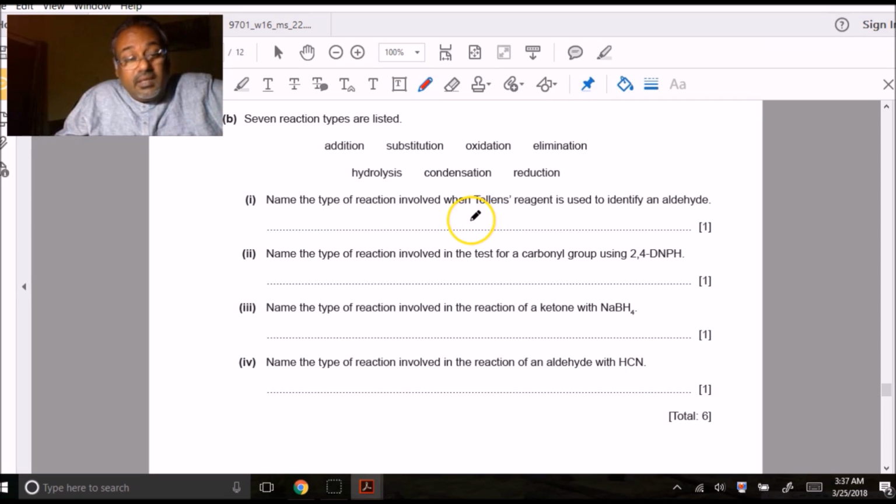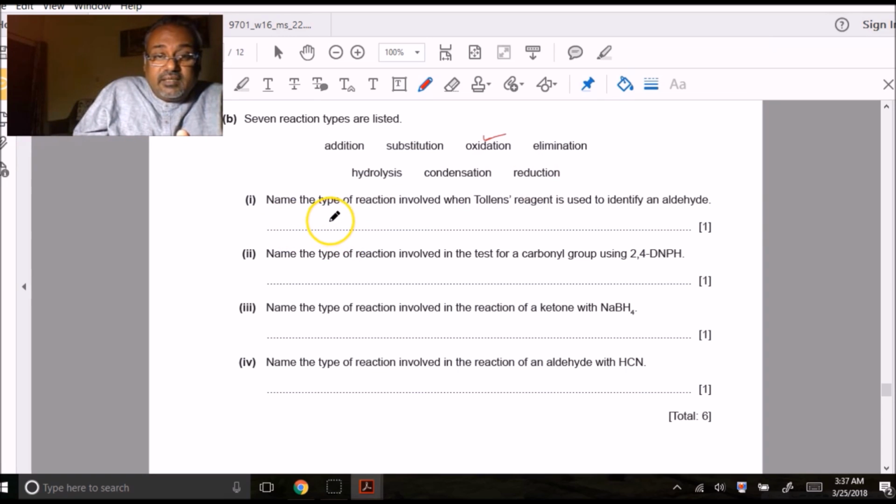It's a mild oxidizing agent, and therefore when it reacts with aldehyde, it oxidizes the aldehyde, and Tollens' reagent undergoes reduction. So it's an oxidation-reduction reaction. I have oxidation here, separately given, I have reduction, but they're not given together. So I can say oxidation. I will be allowed to say reduction also for the same thing.